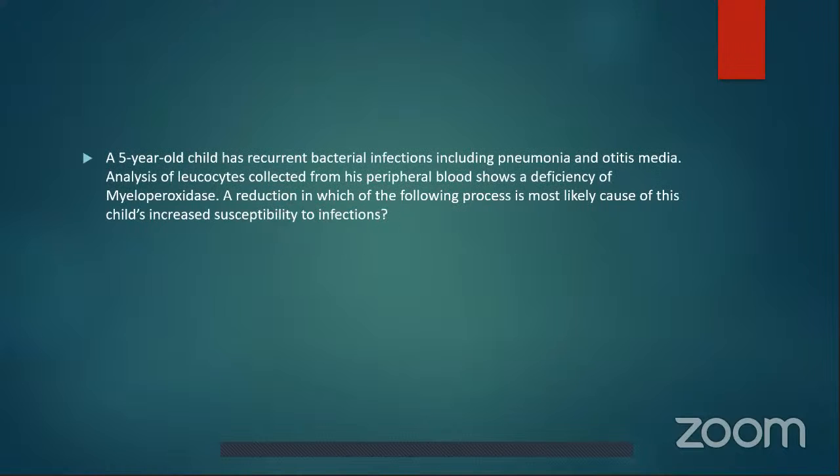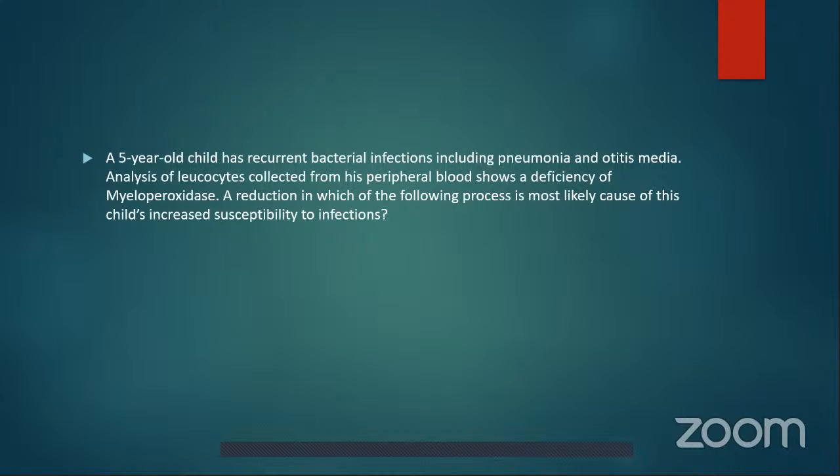Last question. A 5-year-old child has recurrent bacterial infections, including pneumonia and otitis media. Analysis of leukocytes collected from his peripheral blood shows a deficiency of myeloperoxidase. A reduction in which of the following processes is the most likely cause of this child's increased susceptibility to infection? So, recurrent bacterial infection, leukocytes, deficiency of myeloperoxidase, very clearly given.